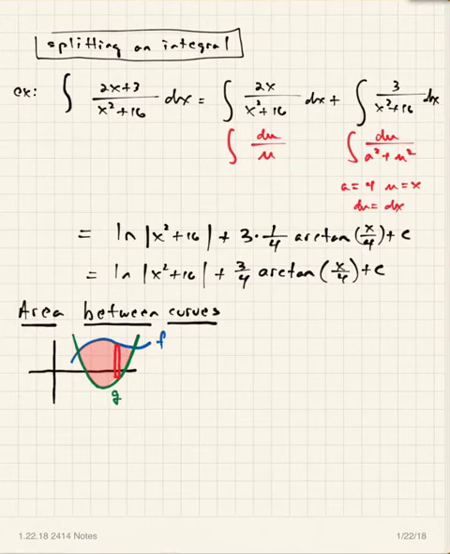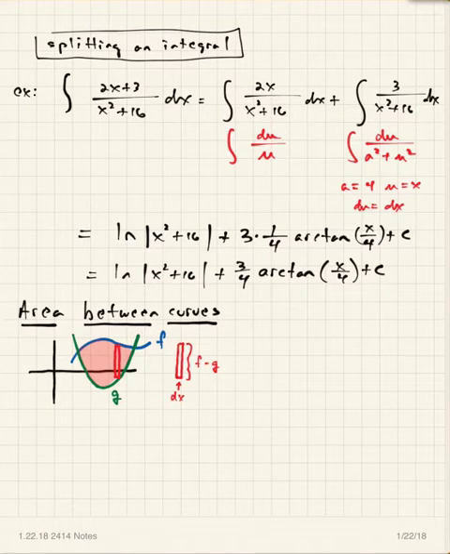And basically, remember that rectangle right there, right? Its width is dx, and its height, this distance right here, is simply the upper curve minus the lower curve, f minus g. And so the dimensions of that rectangle are f minus g dx. And so you can always think about it that way to get the area.